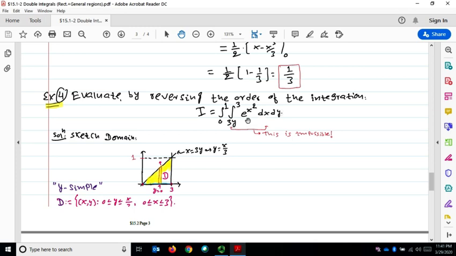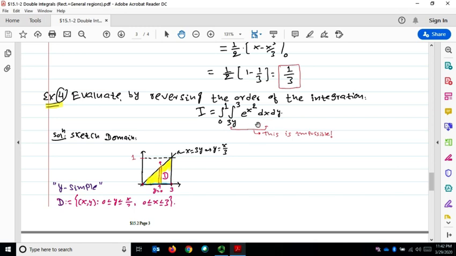The inner integral is the x integral whose bounds are x equals 3y to 3, and the outer integral is the y integral whose bounds are y equals 0 to 1. If you pay attention to this integrand function and the order of integration, here we need to find the integration of e to the x squared with respect to dx. This is impossible. Even an alien cannot do this without changing the order of integration.